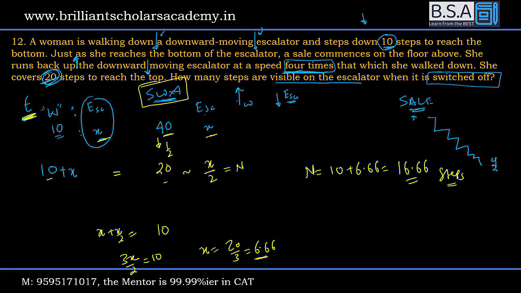The escalator's speed is not changing, it will remain X. In the time t, the woman's speed became 4 times, the escalator will remain X. But she is not traveling 40 steps, she is traveling only 20 steps. So rearrange this, equate this, your answer is ready in 2 steps. Let me know once you understand this.